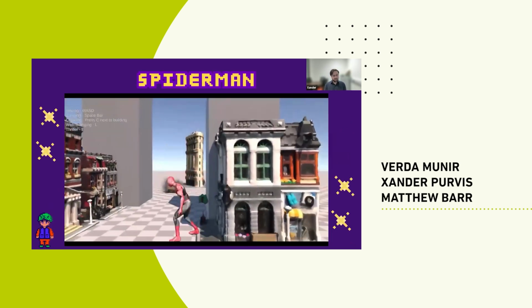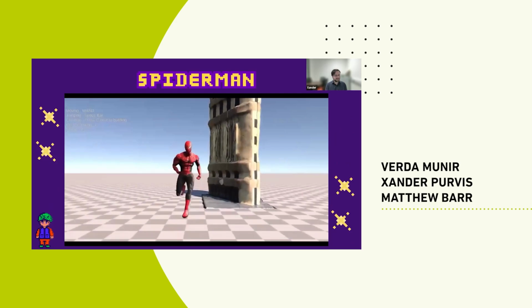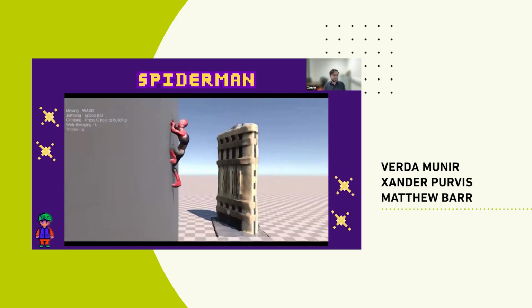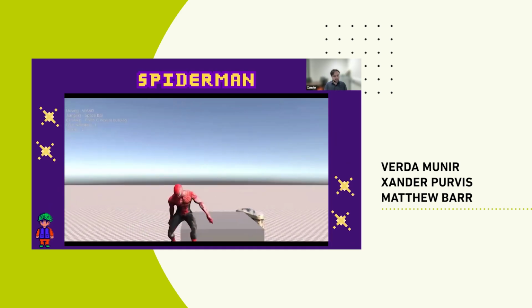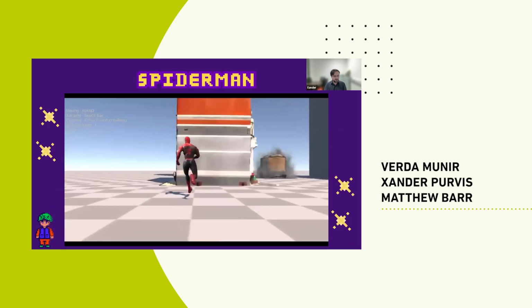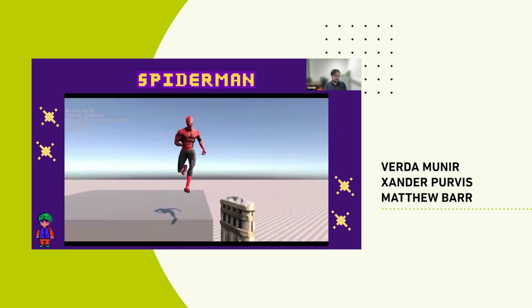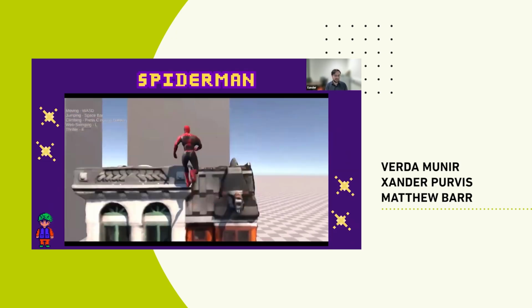And then we see a student that's taken a very opposite approach, which is really interesting. This one involved them scanning their Spider-Man toy, and they've really zeroed in on the character. They've done little in terms of building the world around the character. They've got a few little houses and things like that, but they've gone all in on making Spider-Man have basically all of his abilities and making those work inside of the game.